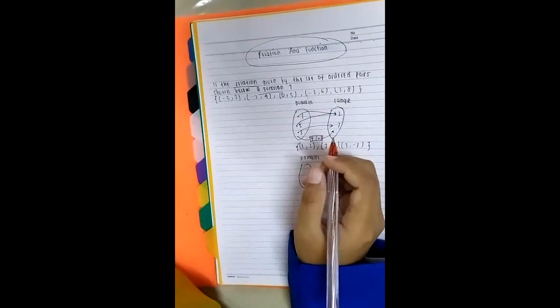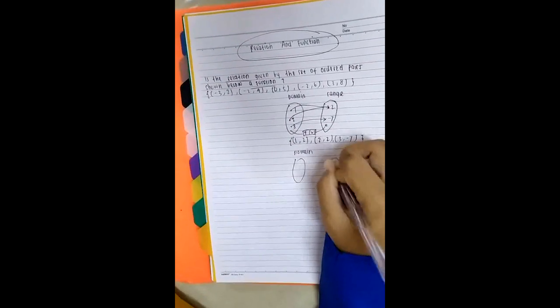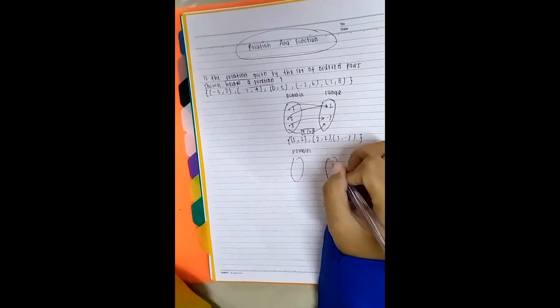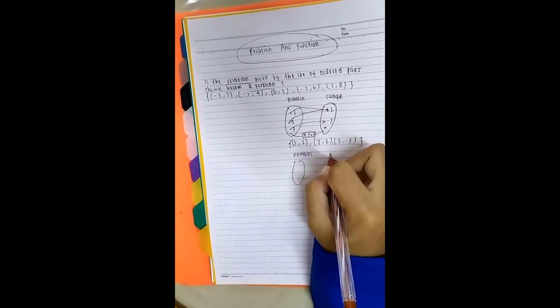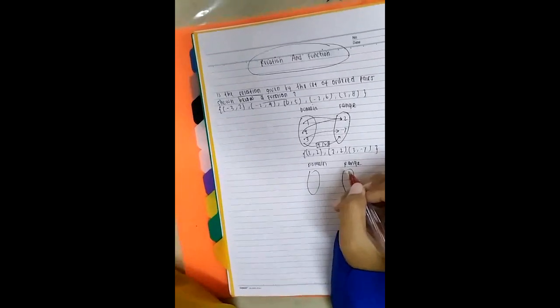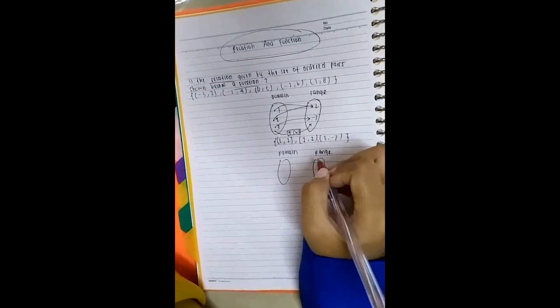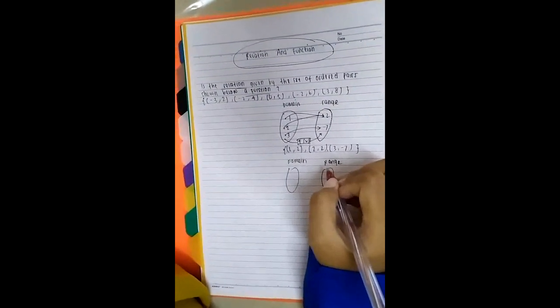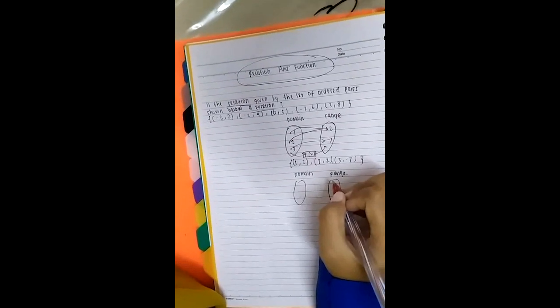And let's say the big fuzzy cloud looking thing is the range. Let's build the set of ordered pairs the same way that we built it over here.